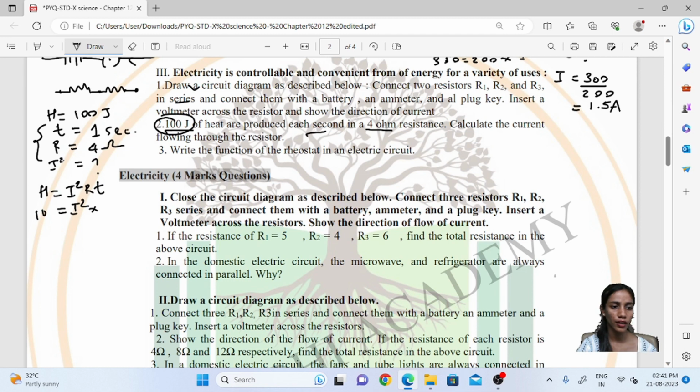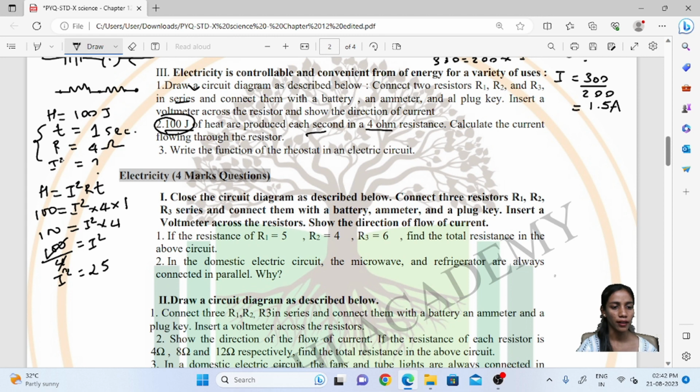H is given as 100 joules, resistance is given as 4 ohms and time is given as 1 second. So 100 equals I square into 4. So this we can solve as 100 upon 4 equals I square. So I square will be equal to 25.